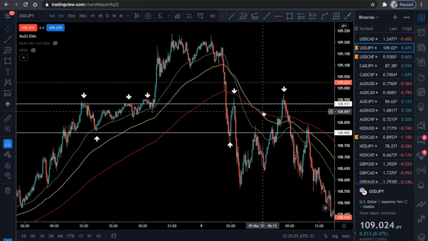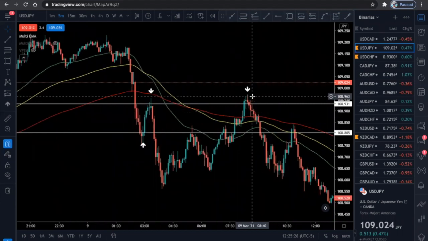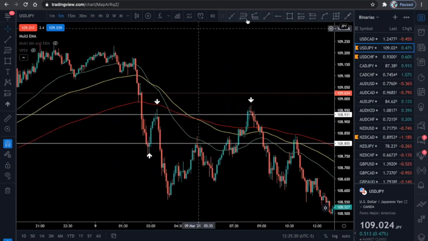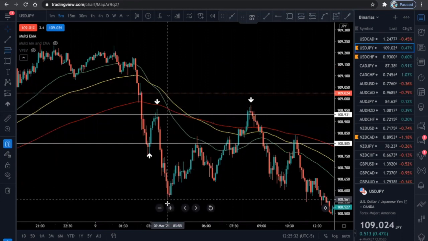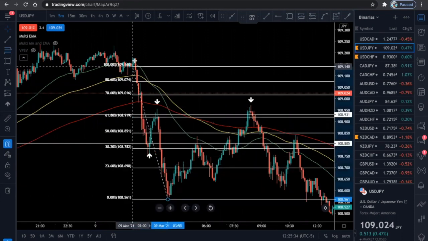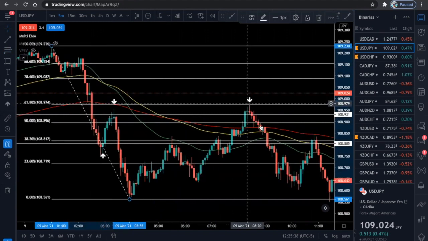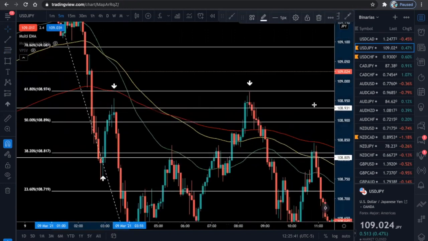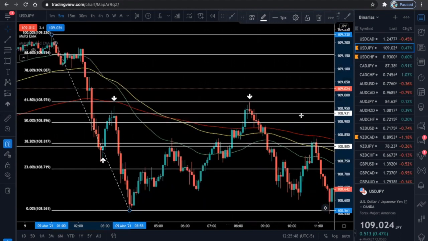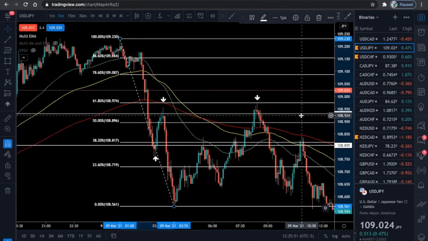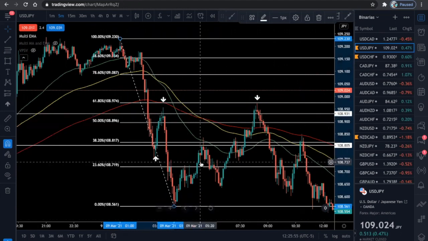So now you want to trace a Fibonacci level from your whole movement, from this movement to this movement. And check this out. Price literally kisses your 61 area of Fibonacci and retraces. There's a way you can add more precision to your Fib levels, and this is called the Fibonacci extension.